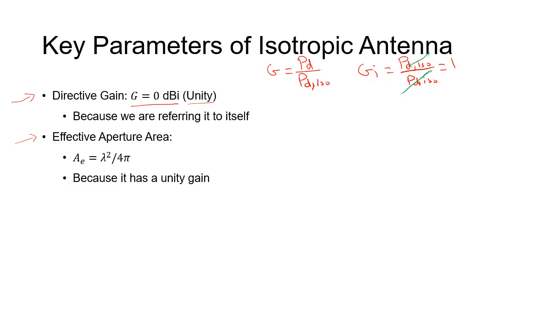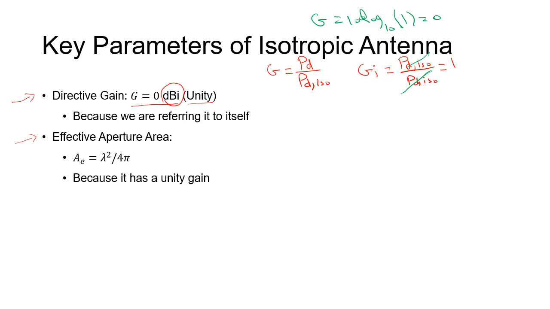And if you take the log, G is equal to 10 log base 10 of 1, which is equal to 0. But what matters here is why we use dBi, not just dB.